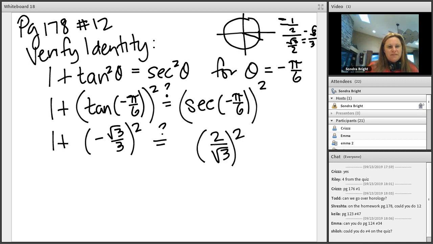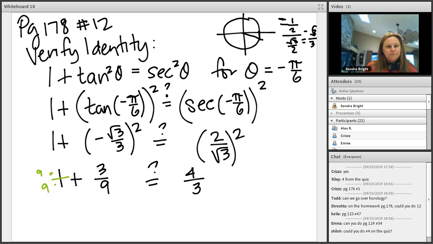All right, so we've got this would be a 1 plus a positive 3 over 9. And is that equivalent to a 4 over 3 once you simplify it? And then this is, to get a common denominator, you would make this like a 1 over 1 and go times 9 and times 9.